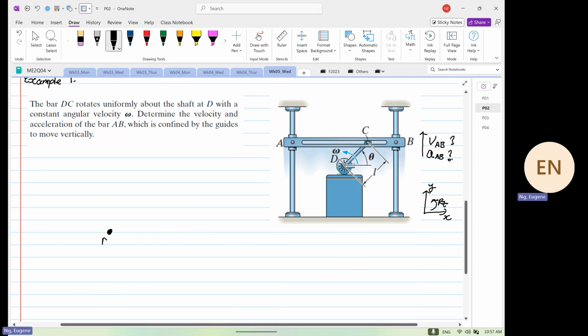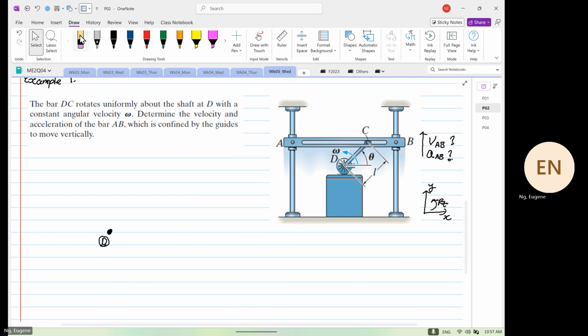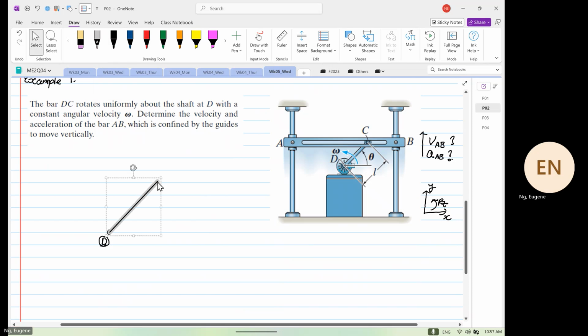This point is our point D. Now, point D and point C are linked. And this is our point C. And this over here is our rigid body.